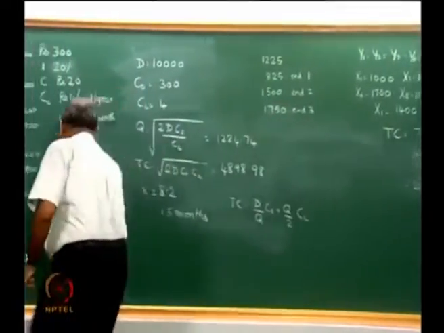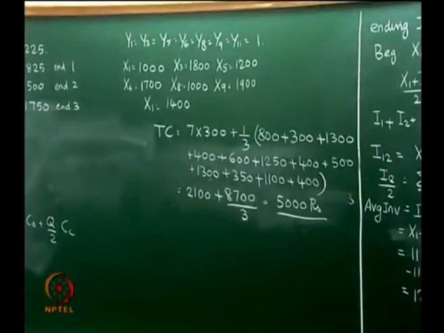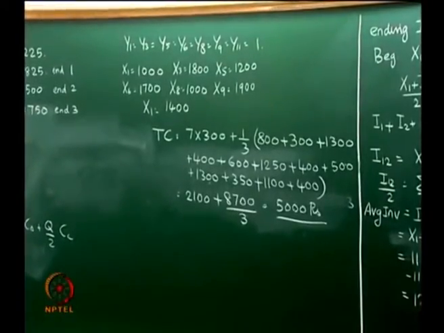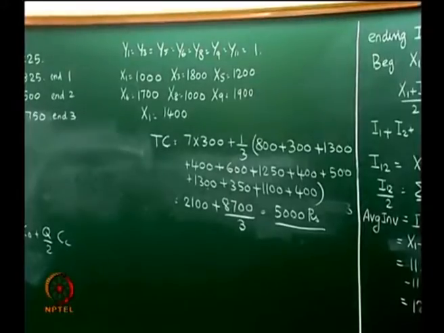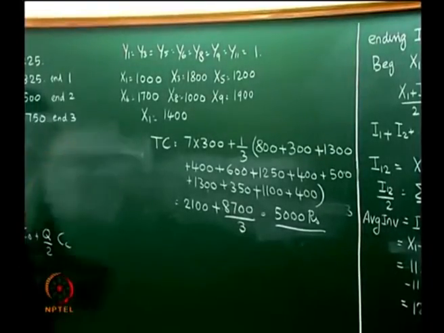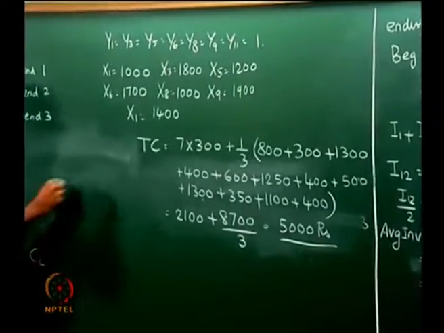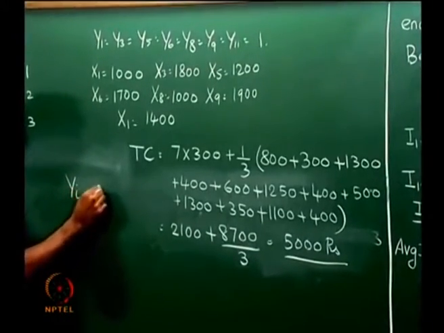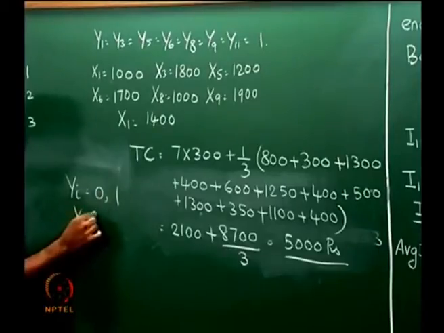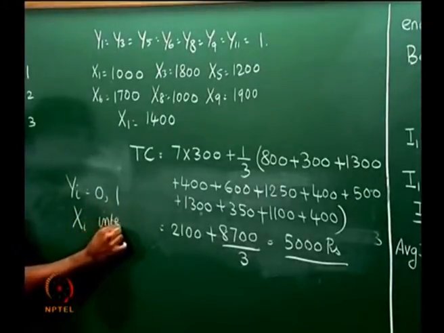Now having seen this, let us look at just a couple more instances of this. One is, this problem is formulated and solved as an integer programming problem where the yi's were binary variables and xi were defined as integers.